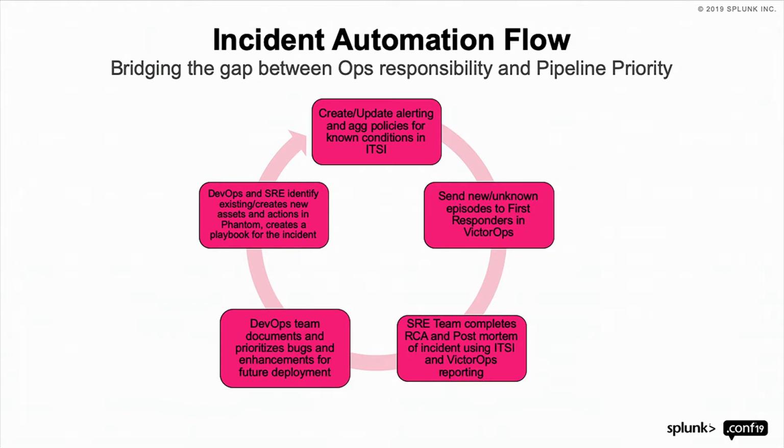And once they know how to solve the problem going forward in a more permanent fashion, they can take a look at the manual actions that were done by the person from the VictorOps side, turn that into a Phantom playbook, or identify assets within Phantom that are already available that are appropriate to solve the problem, and create a new playbook for this condition so that a human being doesn't have to deal with it again. So as an SRE, you should only ever be looking at unknown or complex issues or situations where that automation has failed.